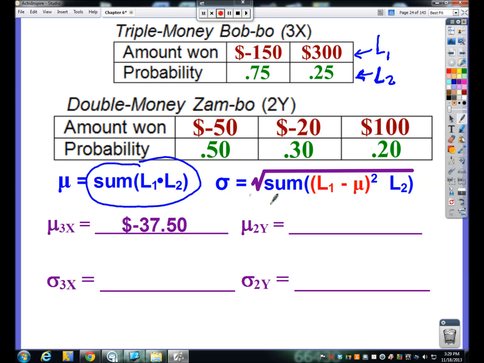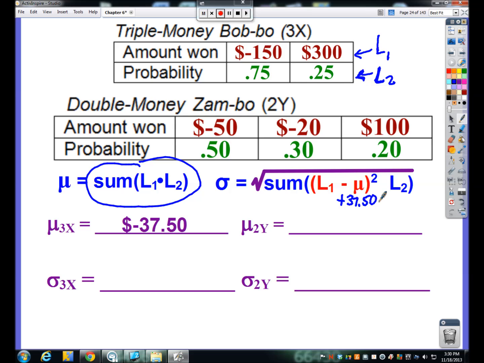And if we do the standard deviation, which you can go ahead and type in, we do the sum, and again, we need 2 sets of parentheses to start out here. So we have list 1, which represents all of our x values here, or 3x values, technically. And then we need to subtract the mean. Since the mean is negative and we're subtracting it, we're really going to be putting in a plus 37.50.